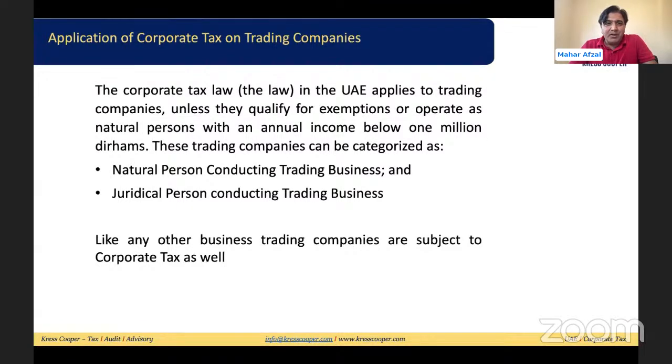Or there is a possibility that any juridical person, we know who are the juridical persons. These juridical persons are limited liability companies, public joint stock companies, funds, foundations which are legally structured like that. So there is a possibility that an individual and natural person is trading, or there is a possibility that the juridical persons are doing the trading.